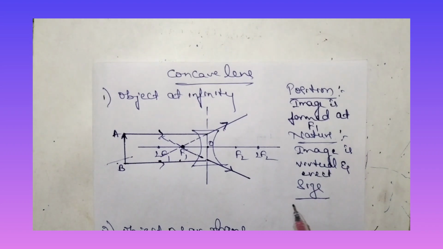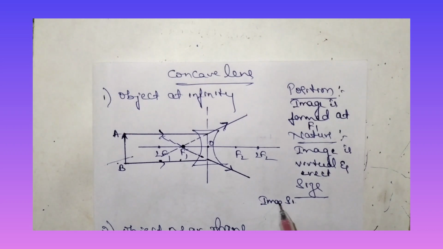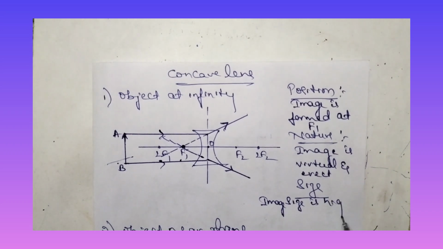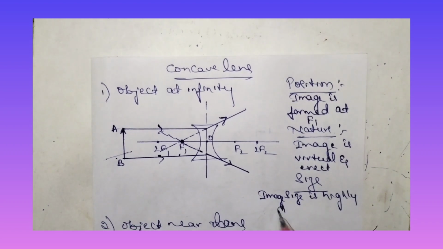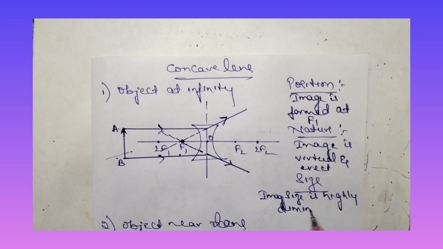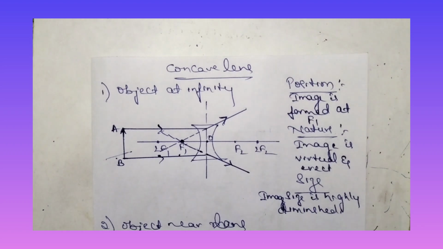What is the size of the image? When the object is kept at infinity, the image size is highly diminished. So a highly diminished image will be formed.